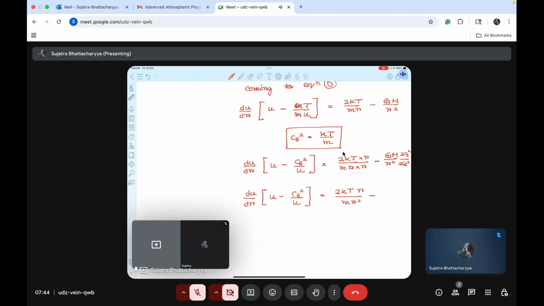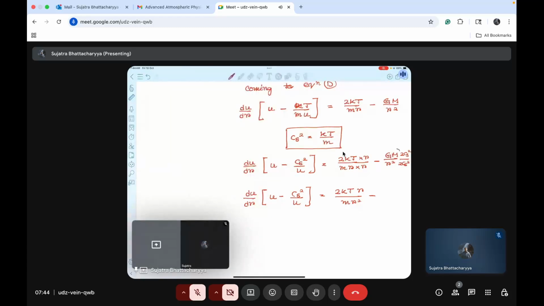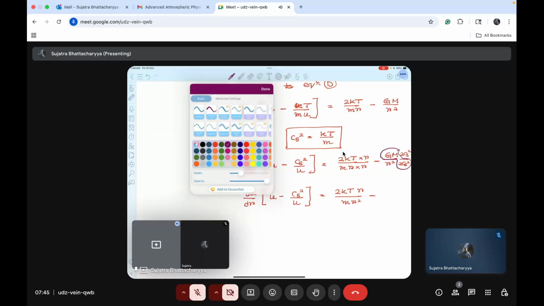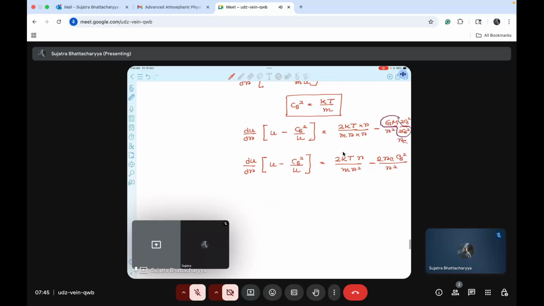And this, look at this, I will change the color. GM divided by 2cs square. What is that? rc, right? So this will be rc into 2 cs square divided by r square. And of course, this also is cs square.